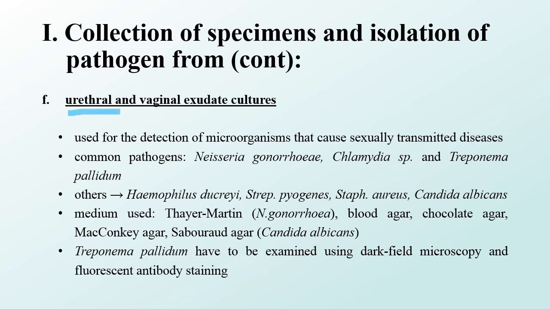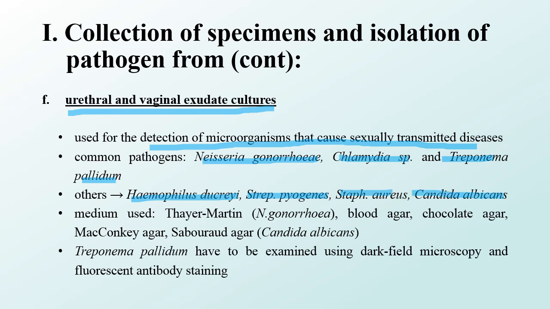Okay, next is the urethral and vaginal exudate cultures. These are used for the detection of microorganisms that cause sexually transmitted diseases. Common pathogens are Neisseria gonorrhoeae, Chlamydia species, and Treponema pallidum, and other pathogens including Haemophilus ducreyi, Streptococcus pyogenes, Staphylococcus aureus, and Candida albicans.